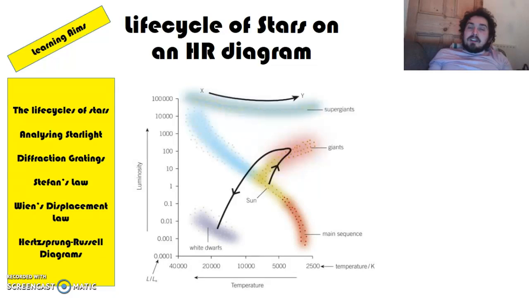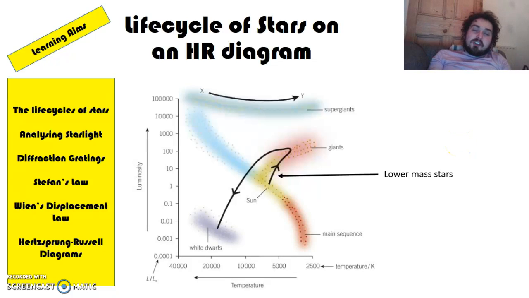And we can see the life cycle of stars on the HR diagram. So we find that lower mass stars tend to evolve up the main sequence and jump off that main sequence into the red giant phase. Once they've finished in that red giant phase, what they leave behind is a white dwarf, and then, as I said a minute ago, that will eventually fade over time, but there isn't sufficient time yet.